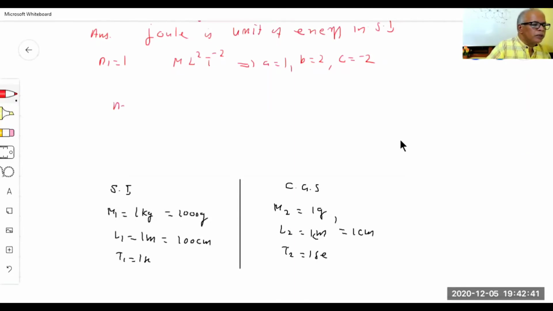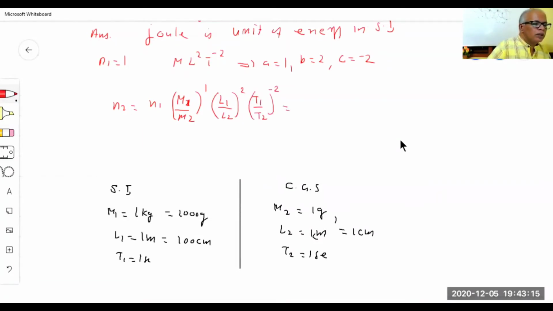N2 is equal to N1 into M1 by M2 the whole raised to 1, L1 by L2 the whole raised to 2, T1 by T2 the whole raised to minus 2, for the seconds no problem here.